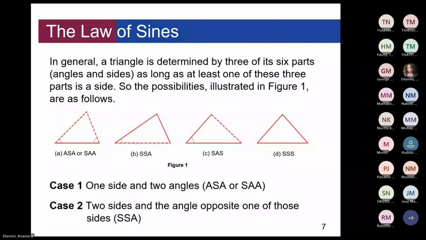Ma'am, you mean when you have three angles and you don't have the side, you may make many triangles with different sizes? Is that what you mean? Please repeat, I didn't hear you.